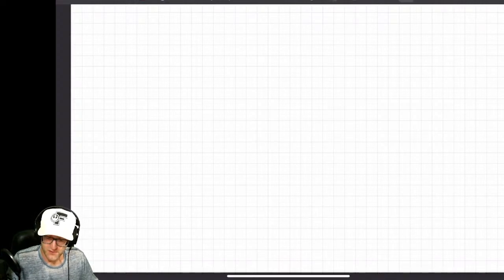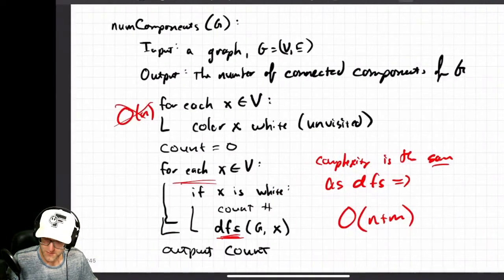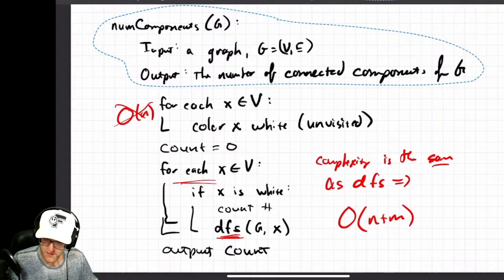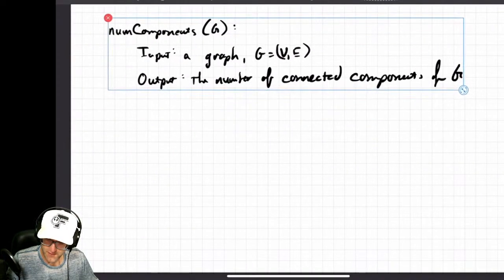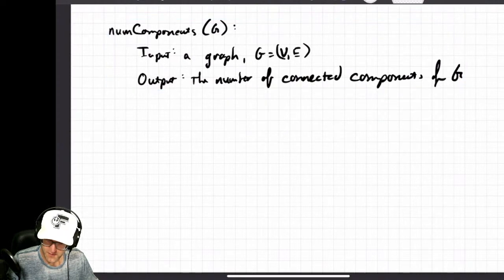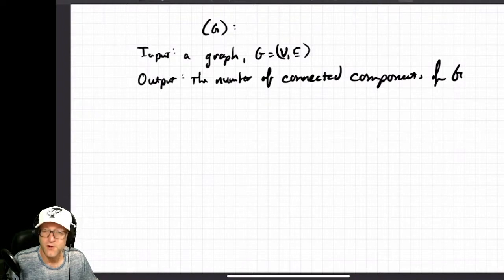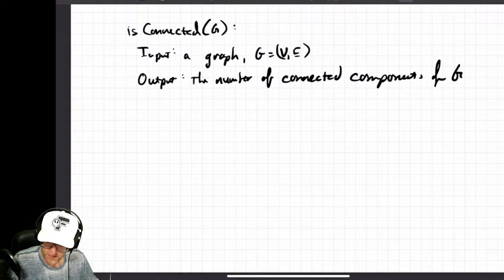Right? So the input, in fact, I don't like rewriting, so I will go ahead and cut and paste this and modify, because it's no longer num components, but it is, what was it called? Is connected. Right?